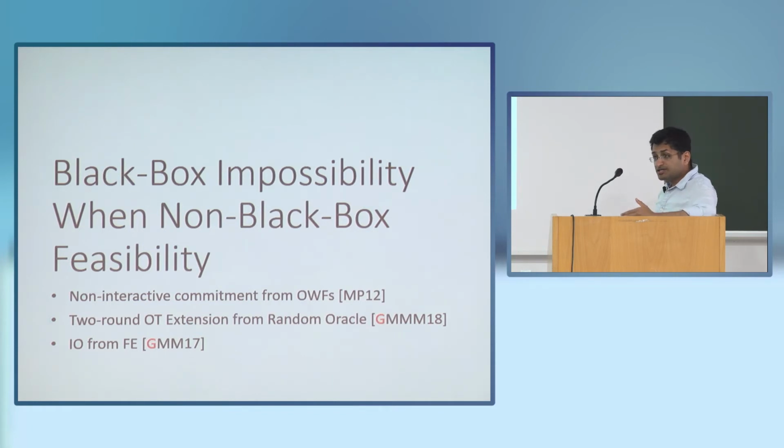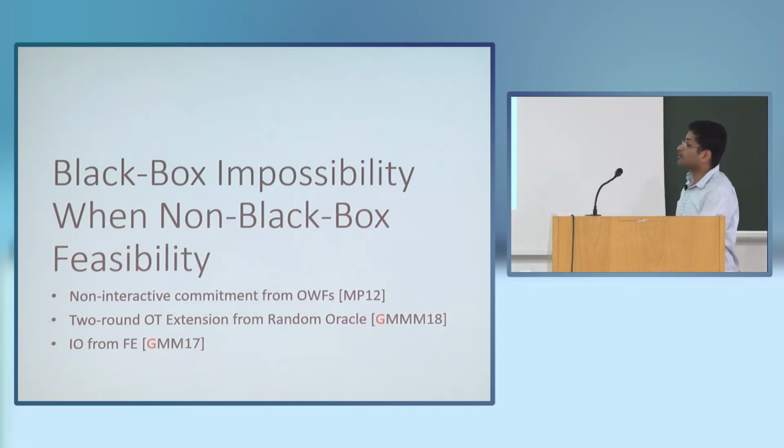So in addition to efficiency being an interesting aspect, the talk by Lisa suggests that if you have a non-black box feasibility result and a black box impossibility result, then that suggests that maybe it's worthwhile to look at more efficient non-black box techniques, right?